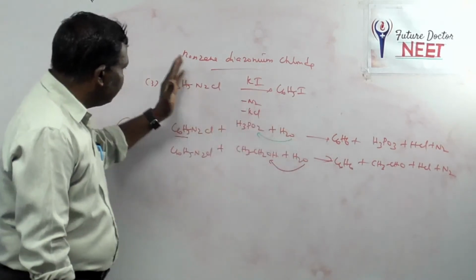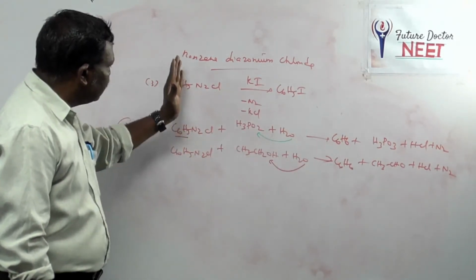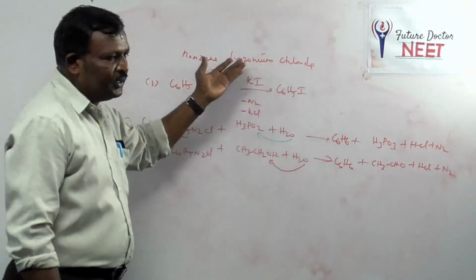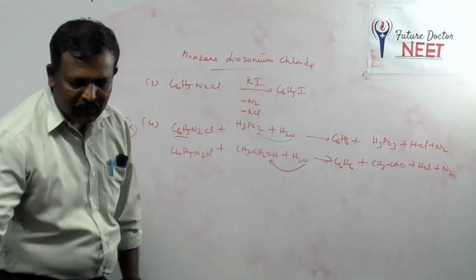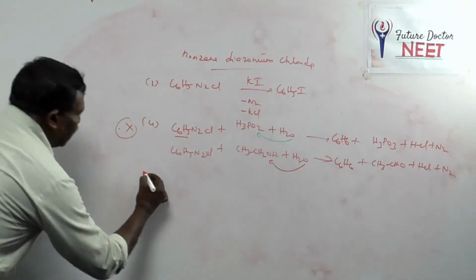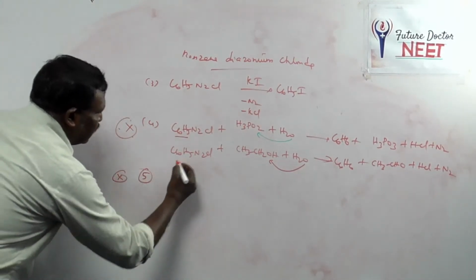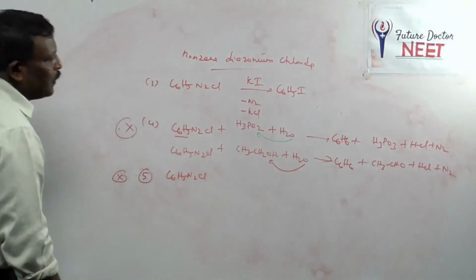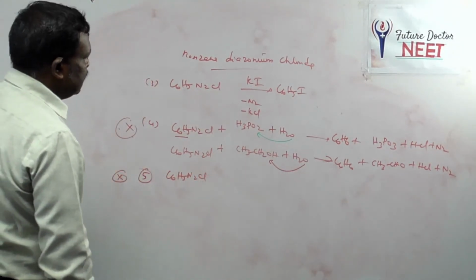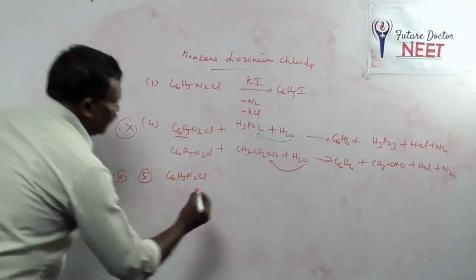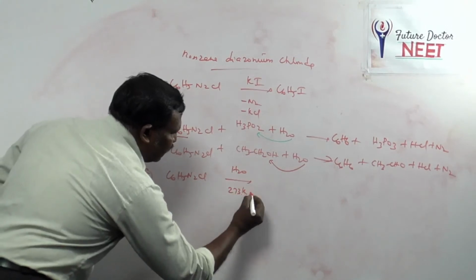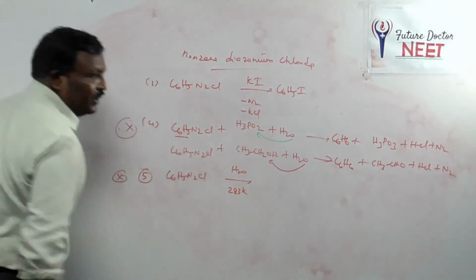All these compounds we can get from the benzene diazonium chloride with the familiar reagents. Once again, the fifth one is also very important. Listen: C6H5N2Cl. Simply hydrolysis, at 273 Kelvin, I think not so, 283 Kelvin.